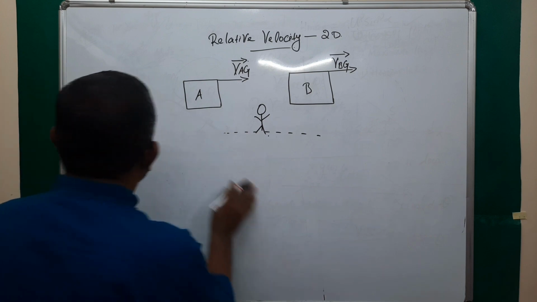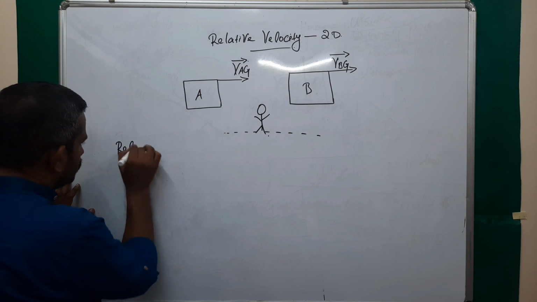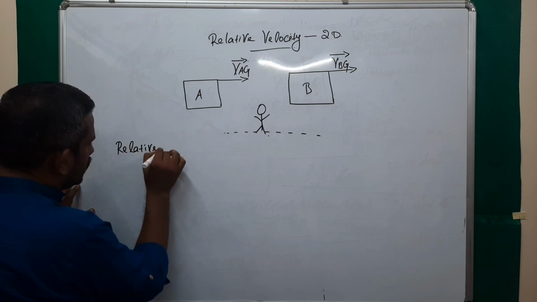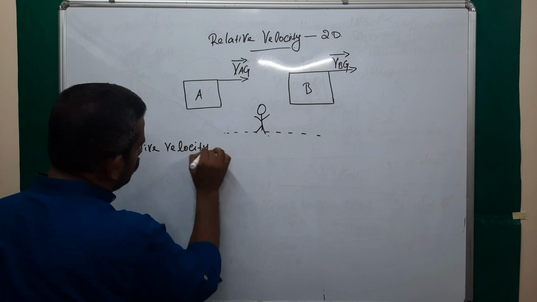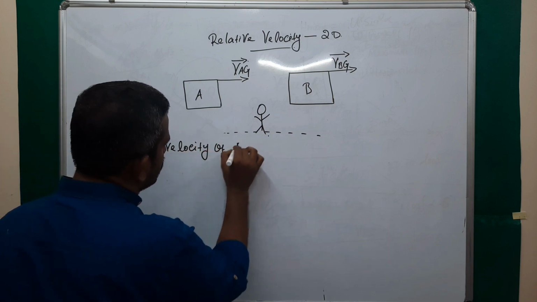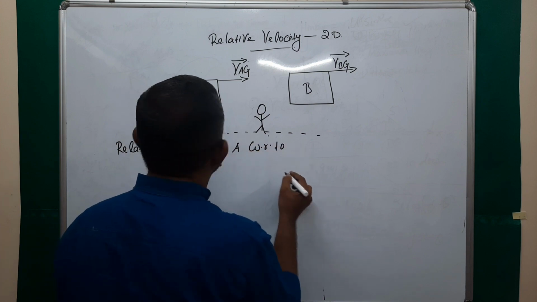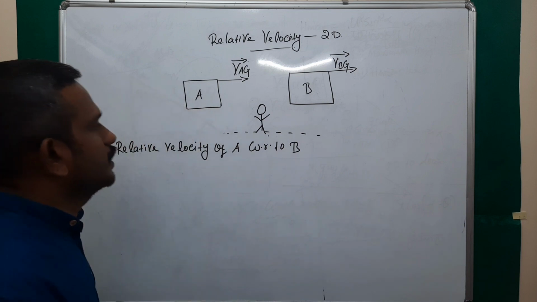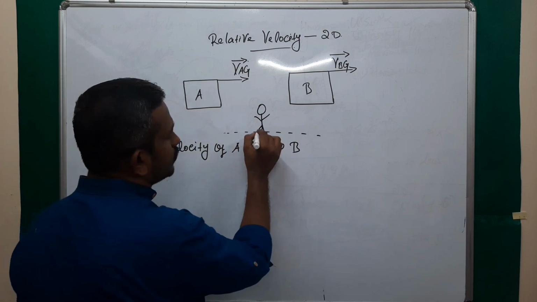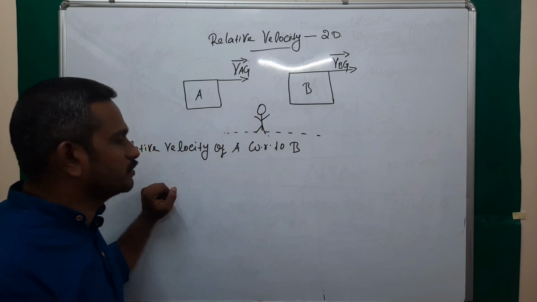Then the relative velocity of A with respect to B. Initially the observer is at the ground.